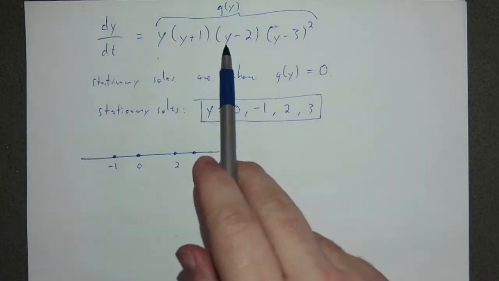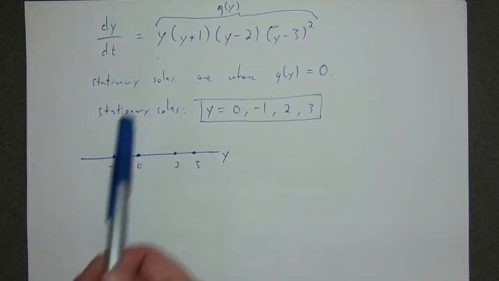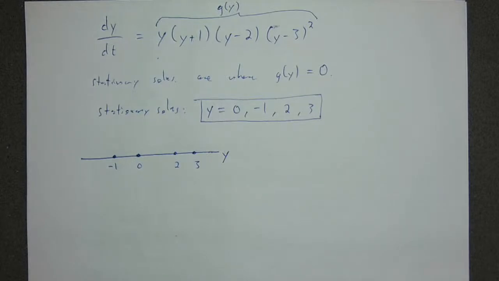Because g of y is going to be assumed to be continuous, by existence and uniqueness, we have all the nice stuff resulting from that. Because it's continuous, since these are the points where it's 0, in between these points, g is either positive or negative. Well, I want to test the sign of g in between each of these points.